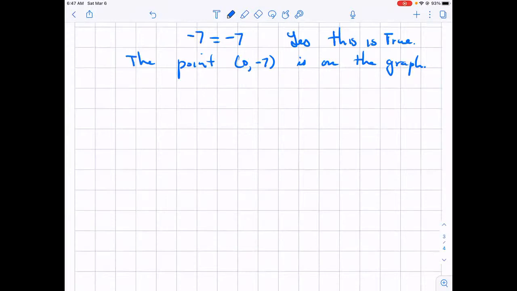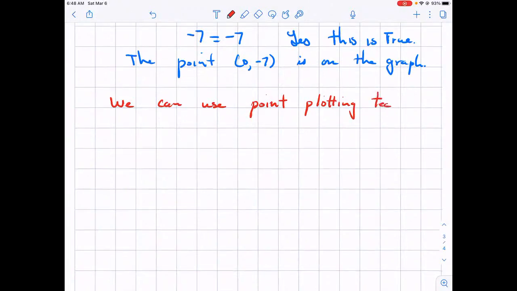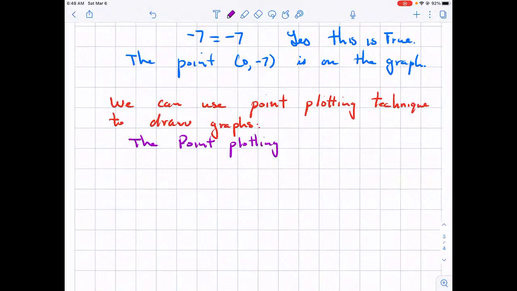So this is the point plotting method, or technique, to draw graphs, also called the point plotting method of graphing.